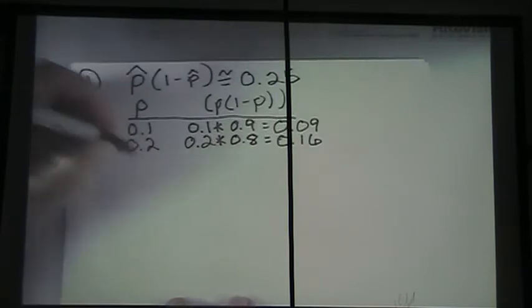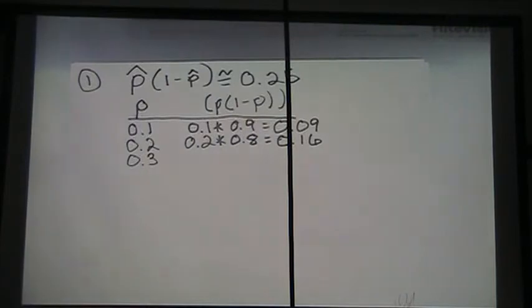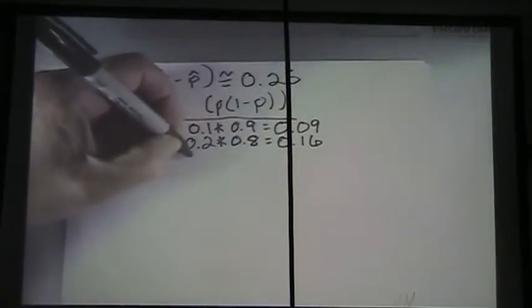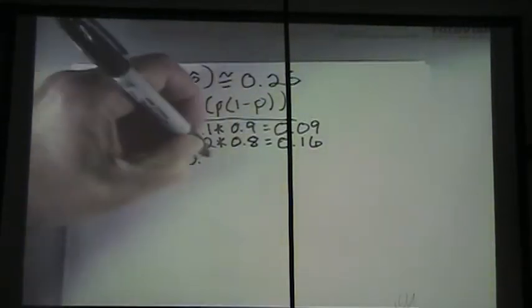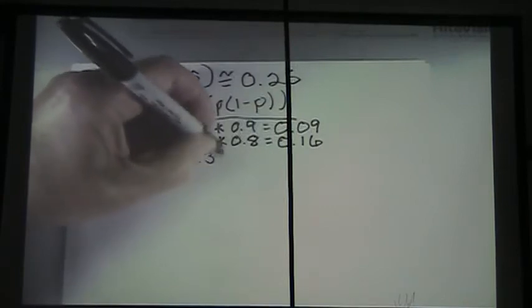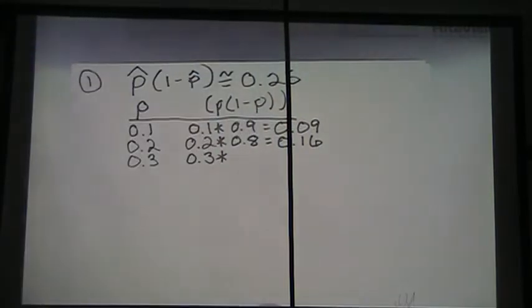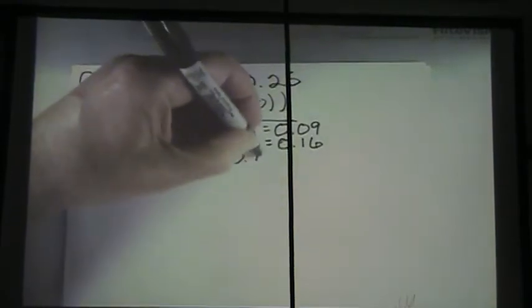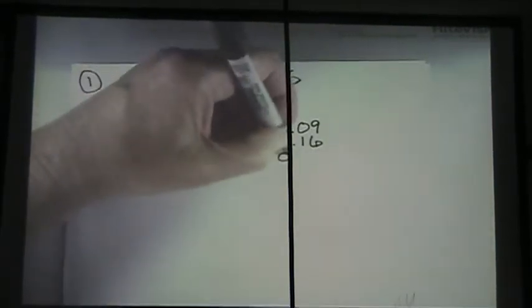All right, now, what if our proportion is 0.3? Well, then it's going to be 0.3 times 1 minus 0.3, which is 0.7, which is going to be equal to 0.21.